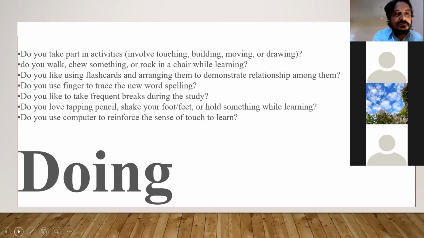Do you use a finger to trace the spelling of a new word? You would trace the entire book with your finger, because the finger gives you a sense of touch, and that's how you take in the knowledge that you are supposed to acquire or learn.